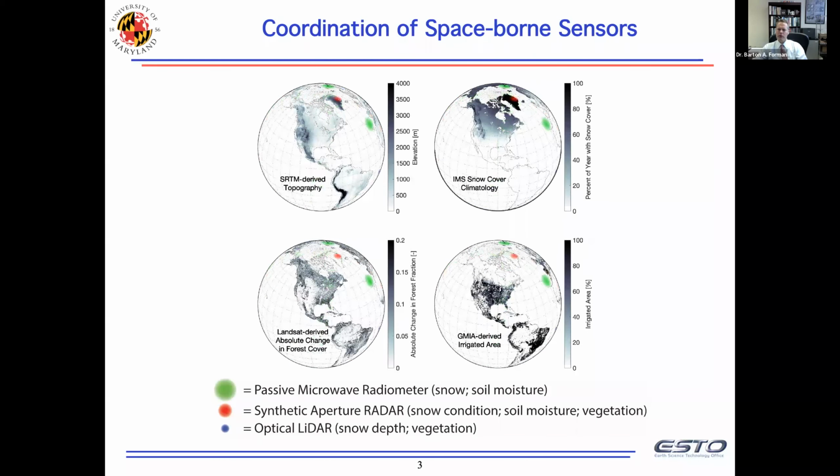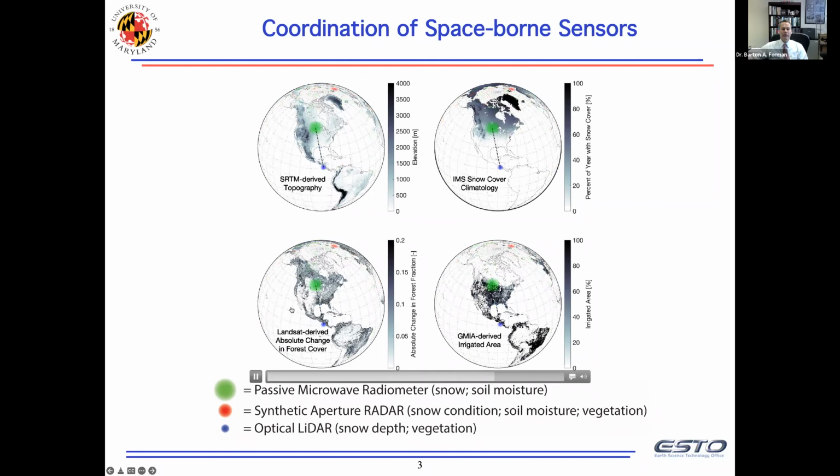There are many, many degrees of freedom in this highly dimensional problem in order to figure out what is the optimal mixture. And just to make things more complicated, for one mixture of sensors, maybe we are focused on snow, and so we want those sensors to preferentially view snow-covered areas. Or maybe we are interested in vegetation, in this case, change in vegetation.